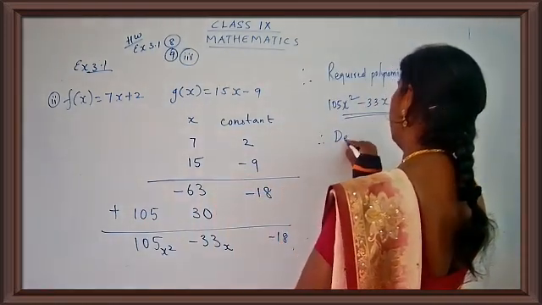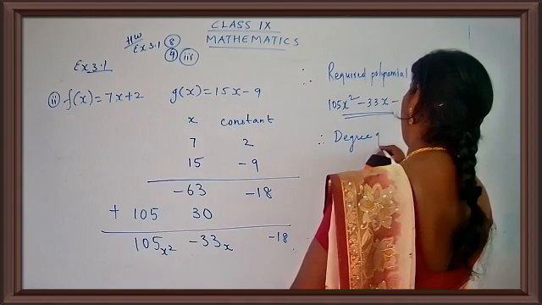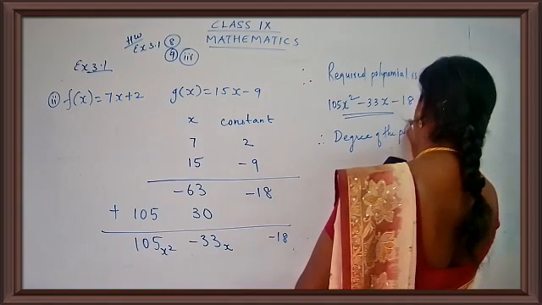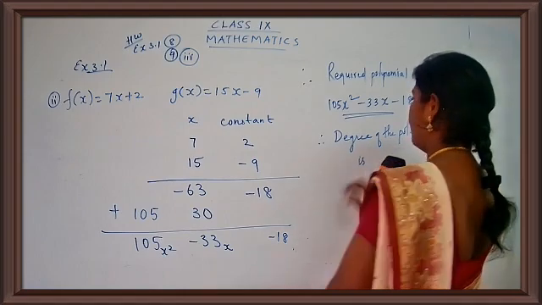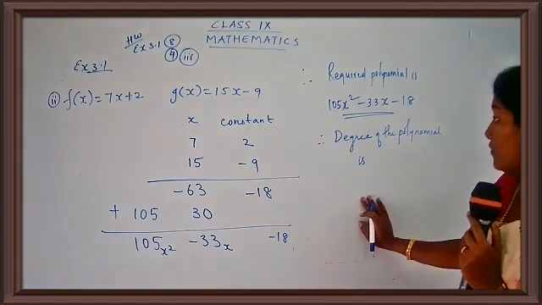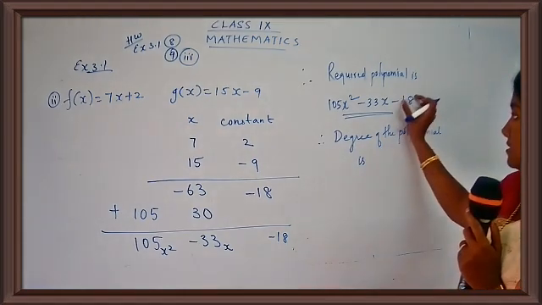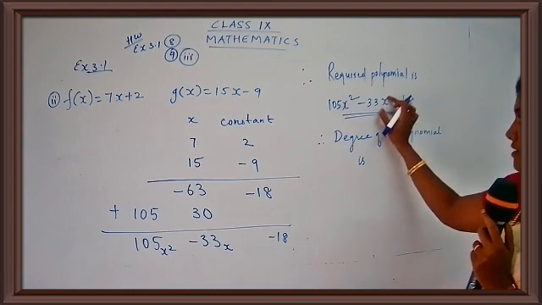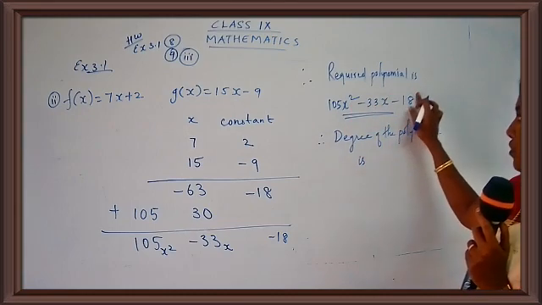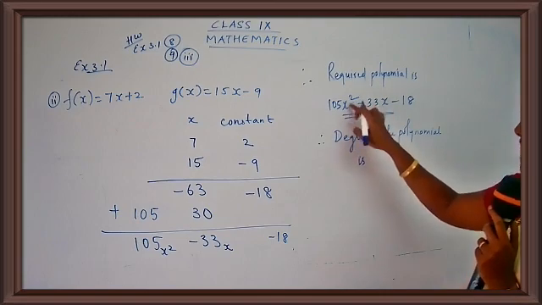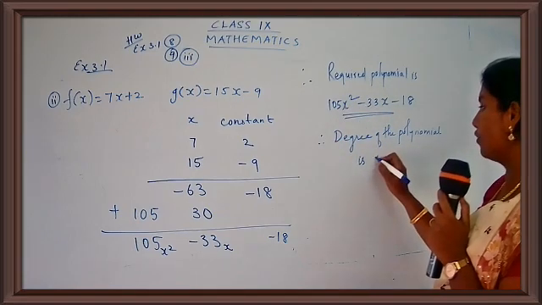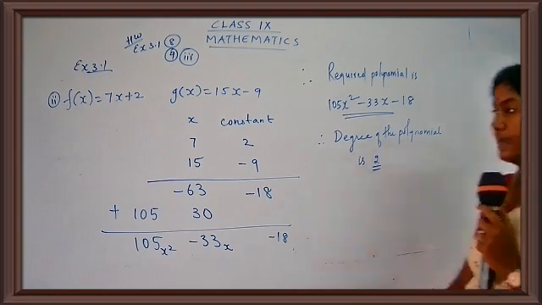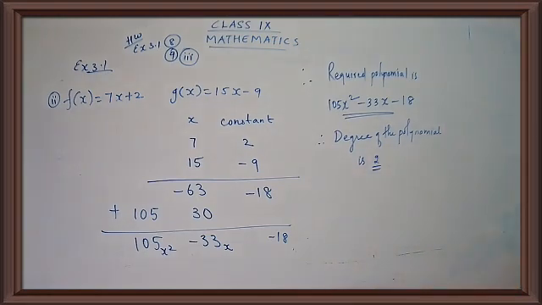Therefore, degree of the polynomial is. What is the degree of the polynomial? What will be the degree? This is nothing, 0. This is 1. This is 2. 0, 1, 2. So which is the highest power here? 2 is the highest power. So degree of the polynomial is 2.